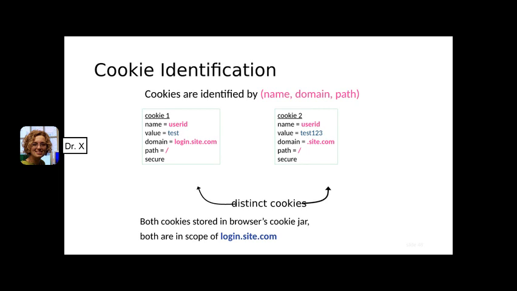Cookies will be identified by the name of the user, as you can see over here, the domain and the path. These are two different cookies, and both are in the scope of login.site.com.